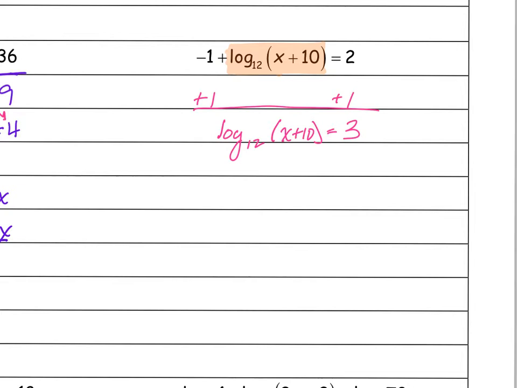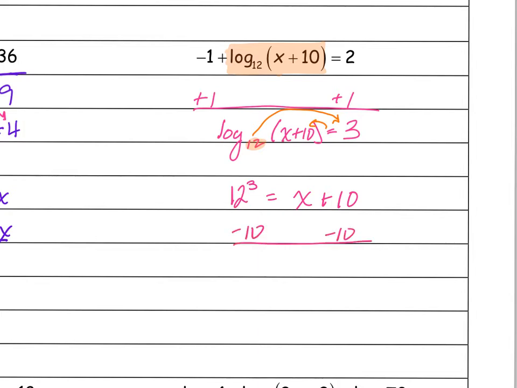Okay. And then I'm going to take my base, so that becomes 12 to the 3rd power equals x plus 10. To get the x by itself, I'm going to subtract 10.